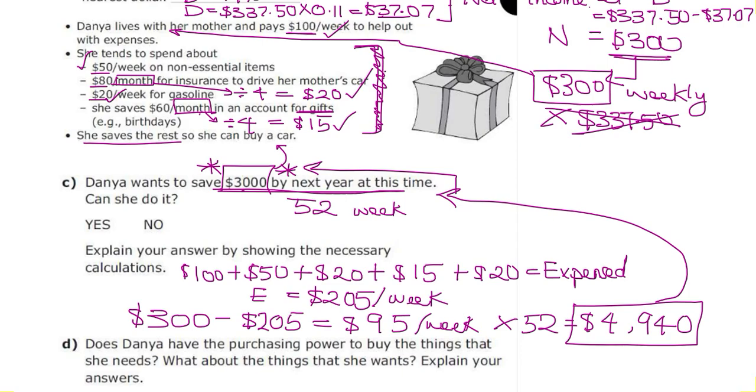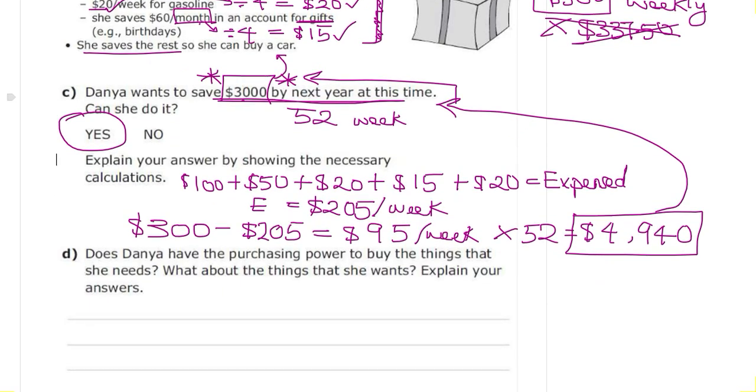So in here, yes, she can actually do it and even exceed that particular expectation, which means here that for her job and for her to save that money in order for her to buy that car and have so much more money left to do other things, that is actually called purchasing power.